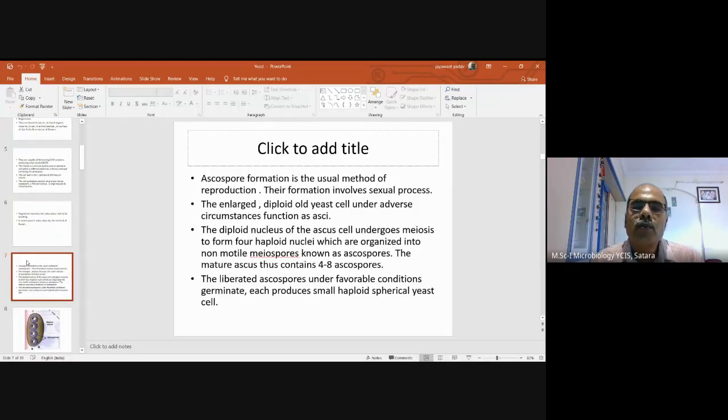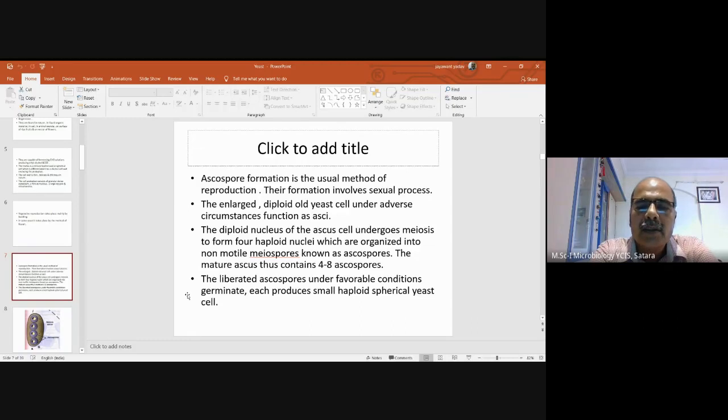Ascospore formation is the usual method of reproduction. Their formation involves sexual spores. The enlarged diploid old yeast cells under adverse circumstances function as an ascus, and the diploid nucleus of the ascus cell undergoes meiosis, that is a reduction division, to form 4 haploid nuclei, which are organized into non-motile meiospores known as ascospores.